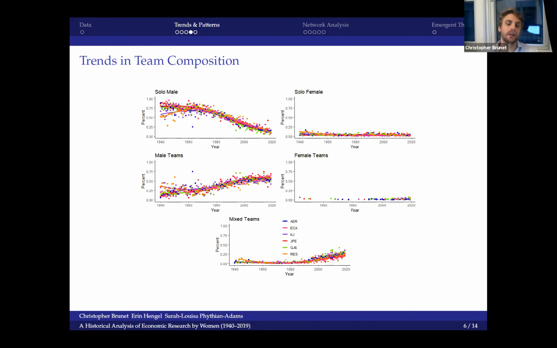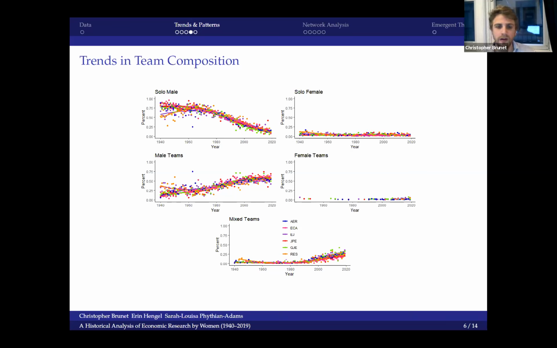Now, the solo males are going down just as you would expect them to, because they follow the trend of fewer solo authored papers. And the solo female authors are flat, just as we showed before. But the interesting thing here again is that the female teams are just now, over the past decade or two, starting to emerge.